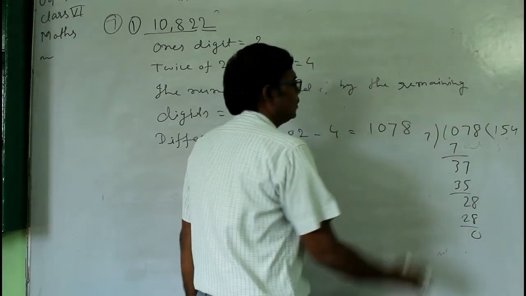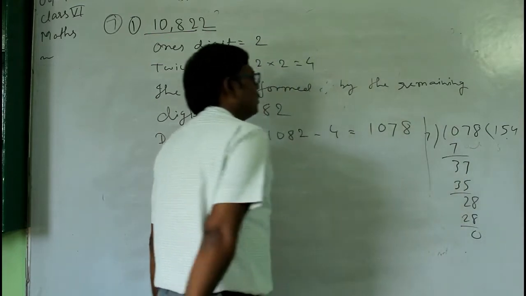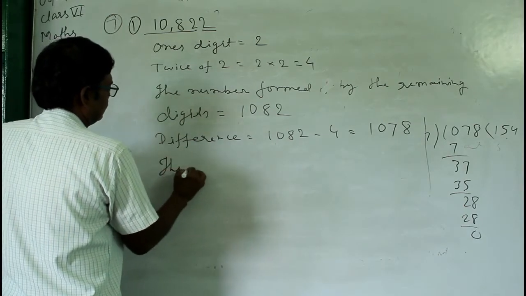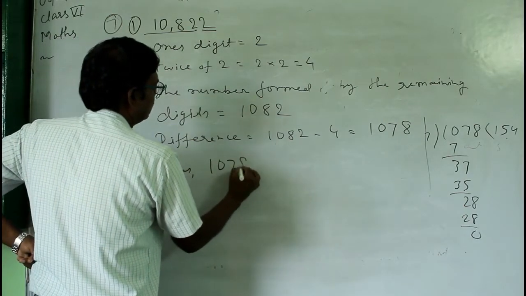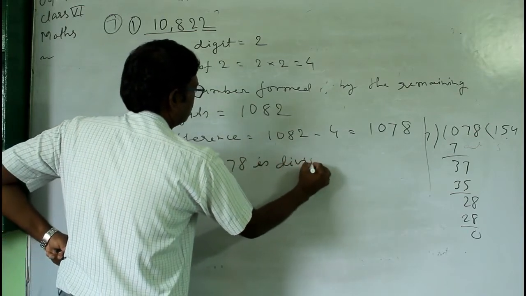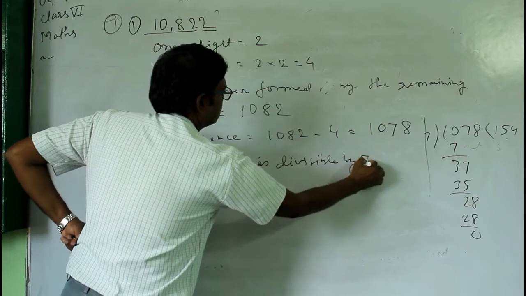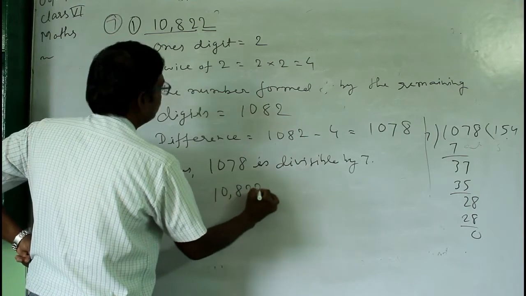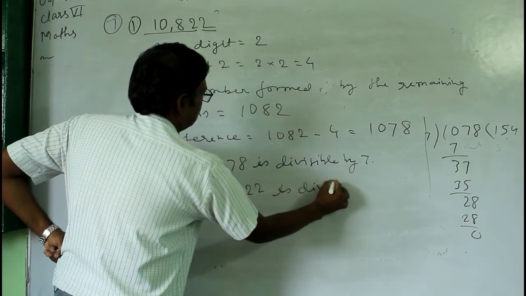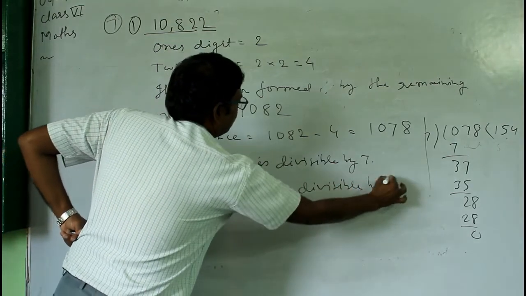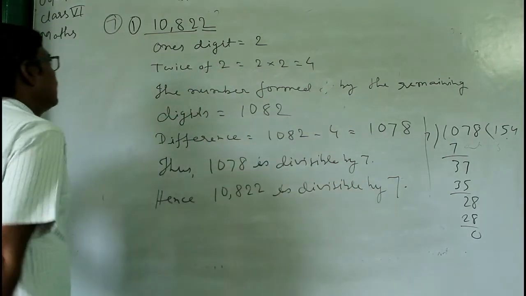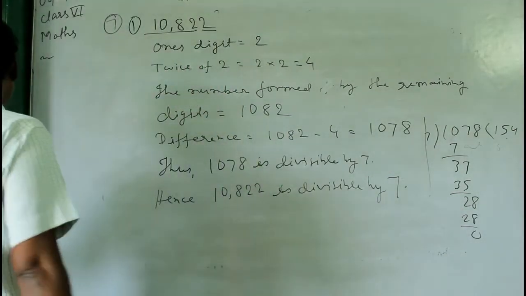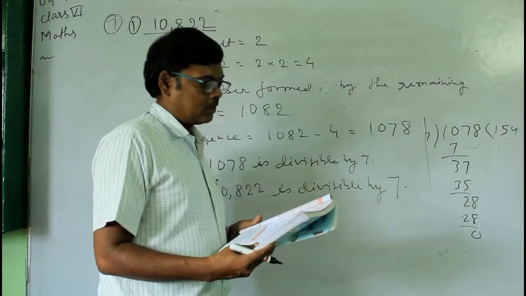So this number is divisible by 7, and therefore, thus 1078 is divisible by 7, and hence 10,822 is divisible by 7. Okay, this is the method for testing by 7. Now you will do the other questions yourself because there are 3 questions also.